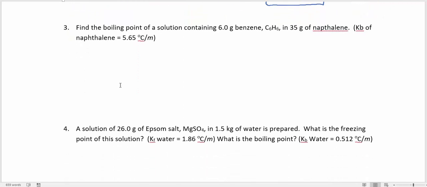Number 3, find the boiling point of solution containing 6 grams of benzene and 35 grams of naphthalene, and we're given the Kb. Again, like the problem above, we need to convert these 6 grams of benzene into moles by calculating the molar mass.